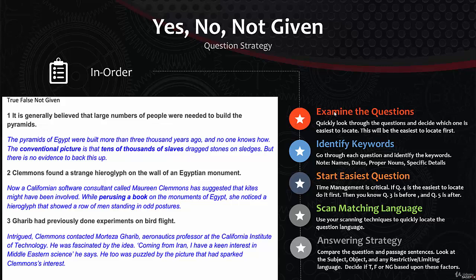So this is an example of false because something has been changed or different between the question and the passage. In the question, it says she saw the hieroglyph on the wall of an Egyptian monument. In the passage, it says she saw this while perusing a book. That is an example of something that has been changed or different. That's when something is false.